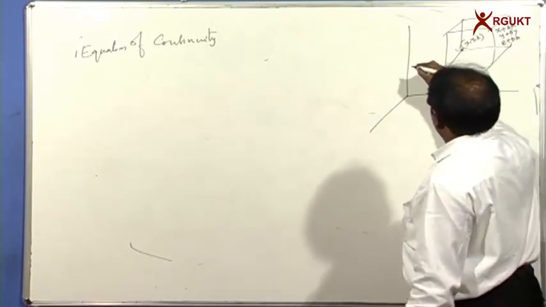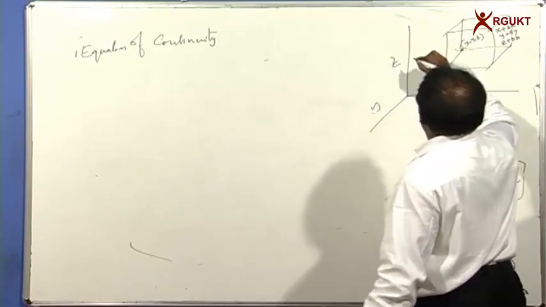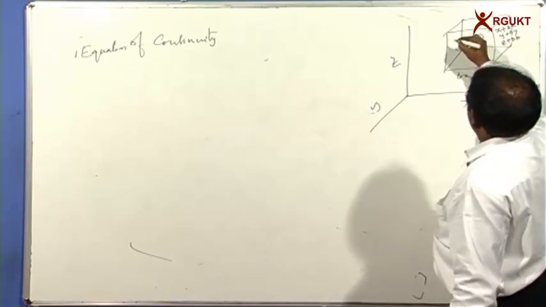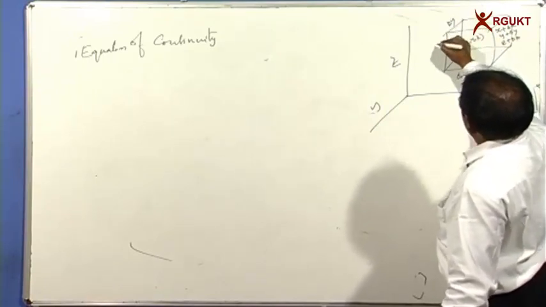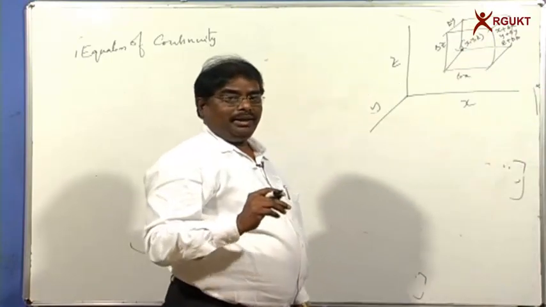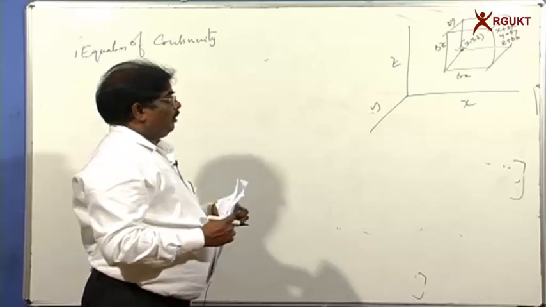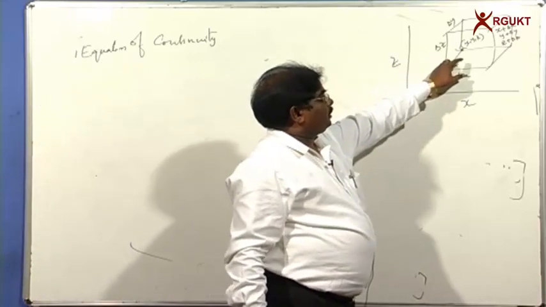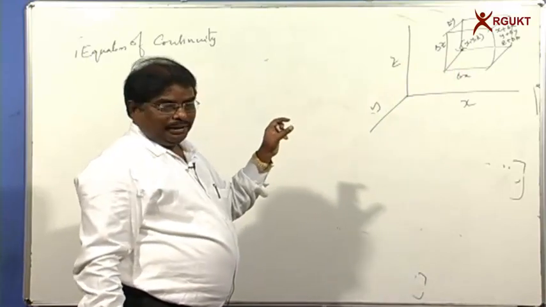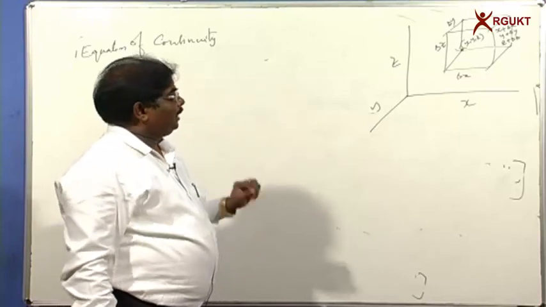This is the x coordinate, this is the z coordinate, this is the y coordinate, and this is the delta x thickness, this is the delta y thickness, this is the delta z thickness. So we are taking a volume element which is a cube, having a thickness of delta x in the x direction, delta y in the y direction, and delta z in the z direction.